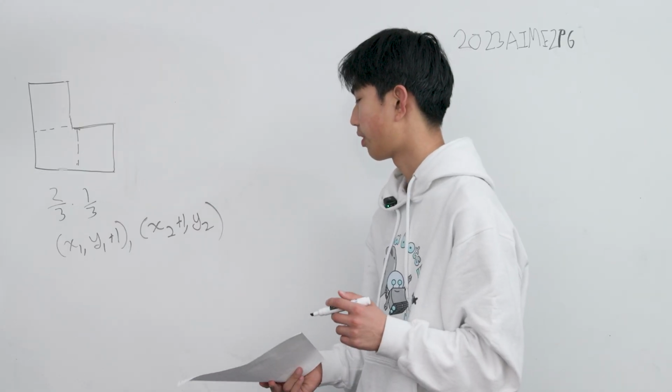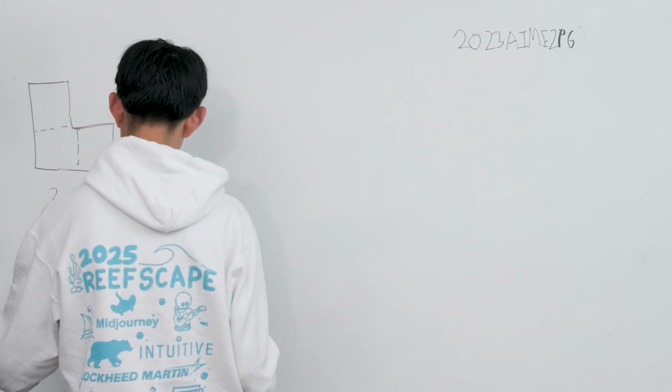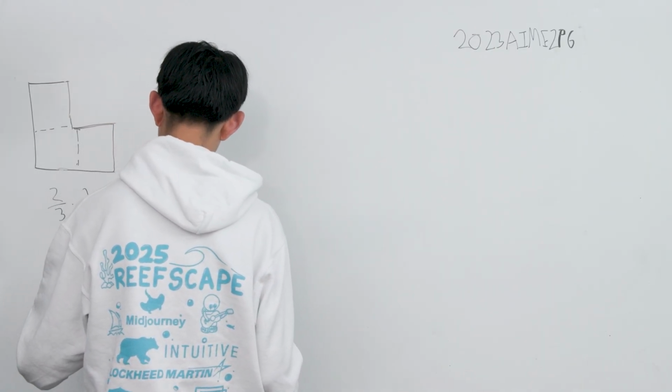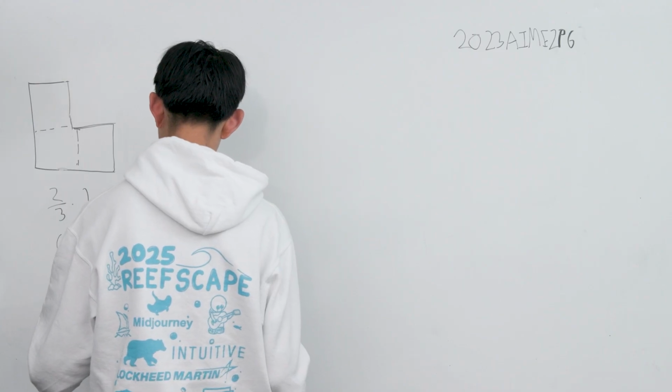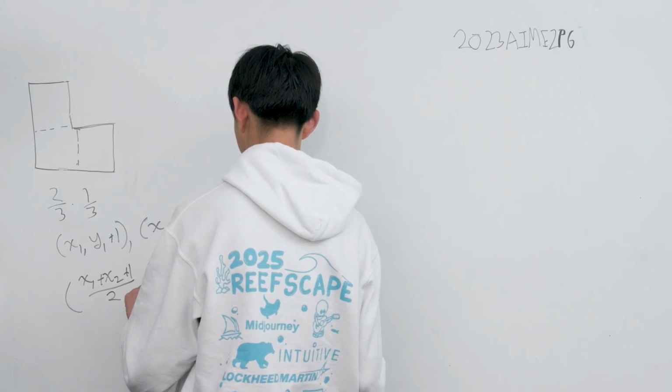So the midpoint of these points is going to be x1 plus x2 plus 1 over 2, comma y1 plus y2 plus 1 over 2.